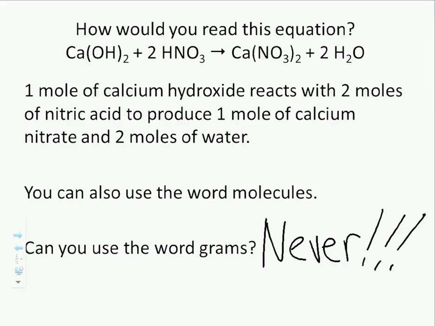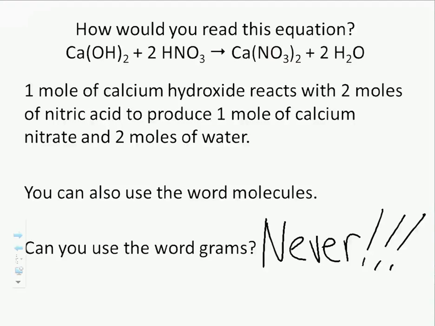Sometimes 5 grams of a substance is actually smaller than 10 grams of another, but sometimes it's actually larger. That all depends on the chemical makeup of the compound that you're discussing. So can you use the word grams to compare something? Can you say 2 grams of this should produce 2 grams of water? No. Never, never, never.